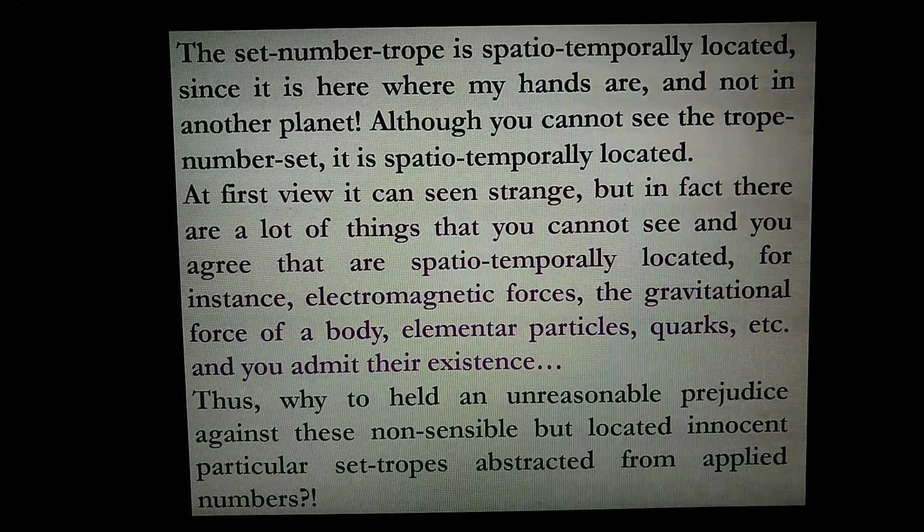At first view, this can seem strange, but in fact, there are a lot of things that you cannot see, and you agree that they are spatial-temporally located. For instance, electromagnetic forces, the gravitational force of a body, elemental particles, quarks, and so on, and you admit their existence. Thus, why hold an unreasonable prejudice against these non-sensible but located, innocent particular set tropes abstracted from applied numbers?